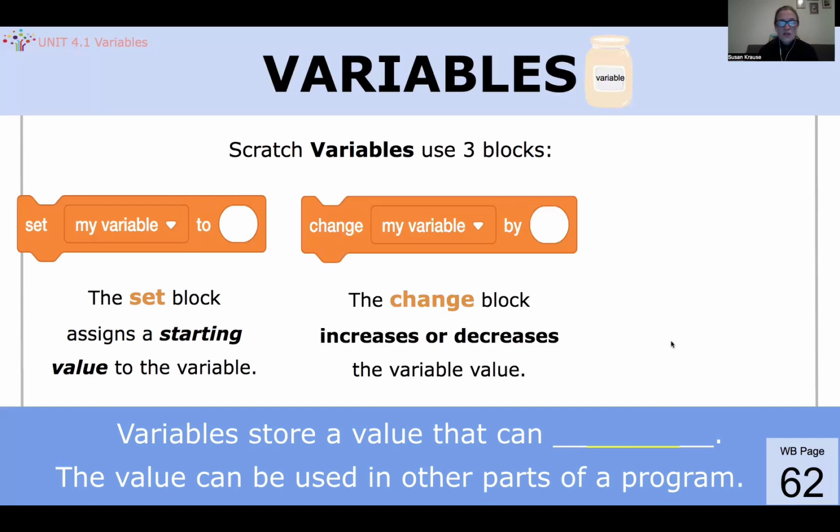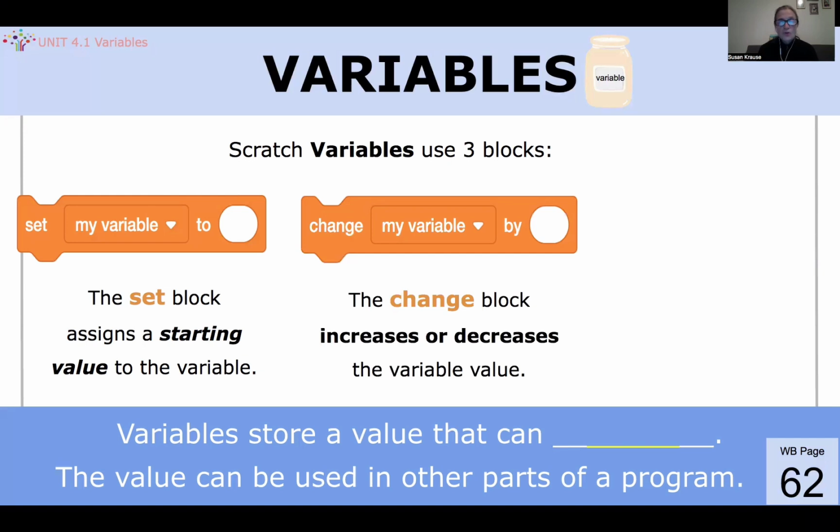The change block increases or decreases the variable value. So this would be used in the example of a score, where every time I score a goal or do something to earn a point in a game, my change block would change my variable value by a certain amount, by 1 point, by 2 points, by 3 points, whatever the developer decides to set the point increase by.